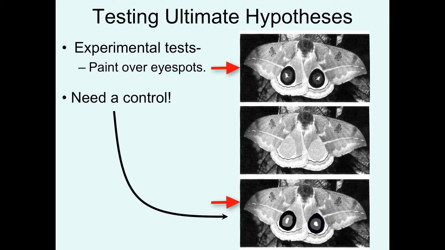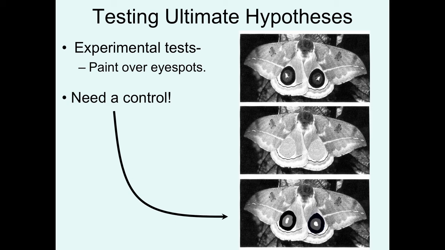Now, let's try to explain why that is. What the experimental control does is test for the potential that your manipulation itself is giving you the results that you're getting. So in this case, perhaps the paint that you use to paint over the eye spots makes the wings stick together, and that may in itself be the reason why these moths can't escape the predators.